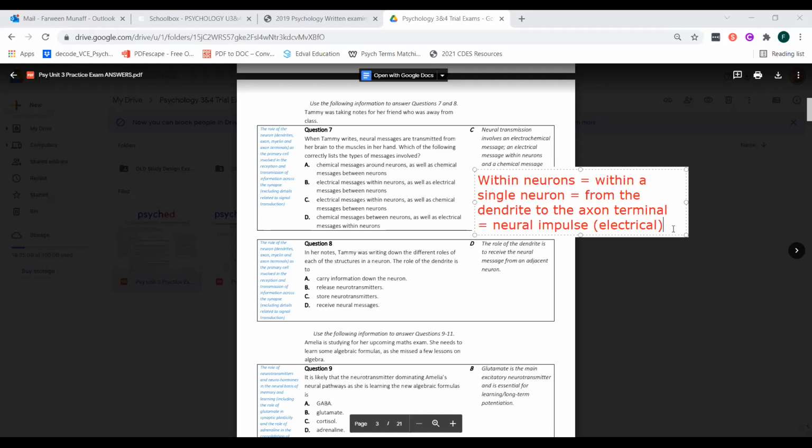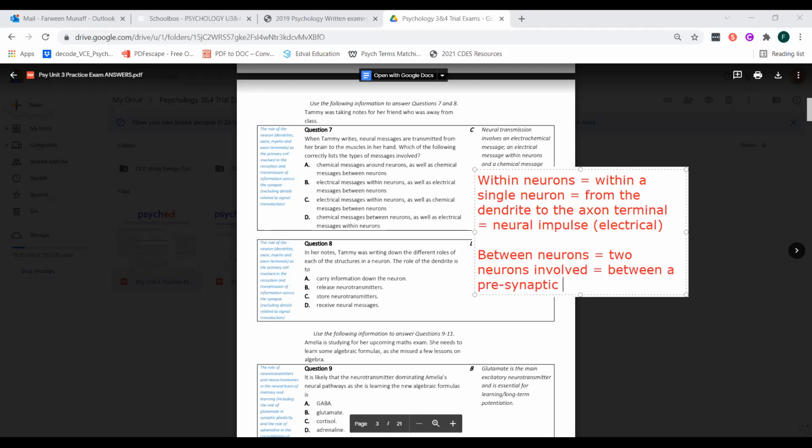Now, when we're talking about the other part of the question that says as well as chemical messages between neurons, it is no longer just one neuron involved, you've got two neurons involved. When the message is being sent between neurons, it's being sent between a presynaptic sending neuron and a postsynaptic receiving neuron.